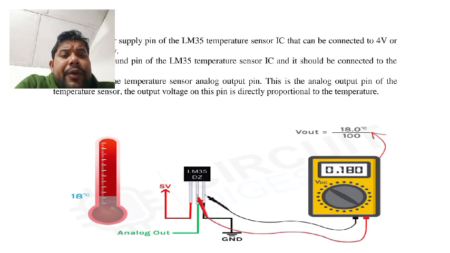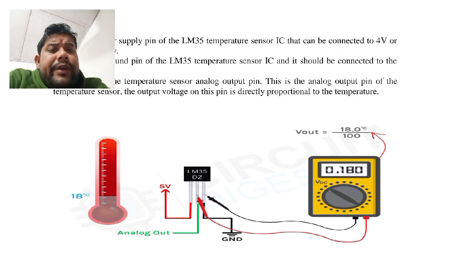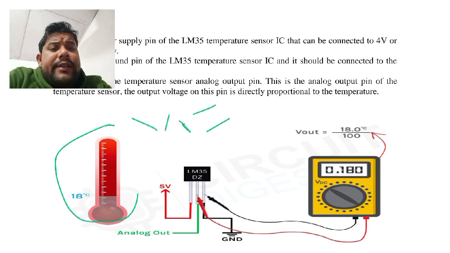How does it work? We provide a 5 volt supply, one pin is grounded, and we take the output between the ground and the analog output. So how is the output calculated here? The output is the temperature divided by 100. Suppose this is a thermometer measuring the room temperature.